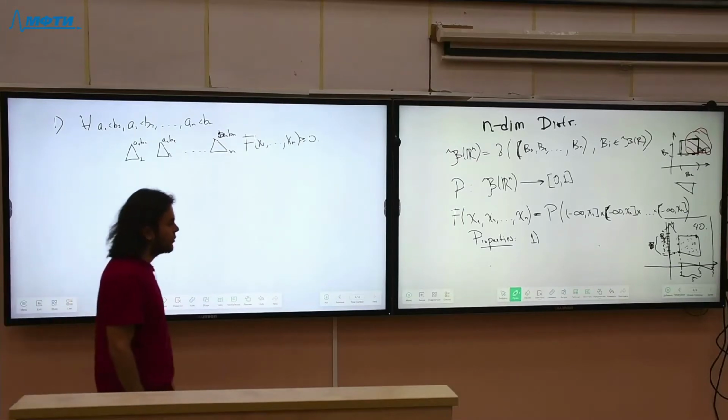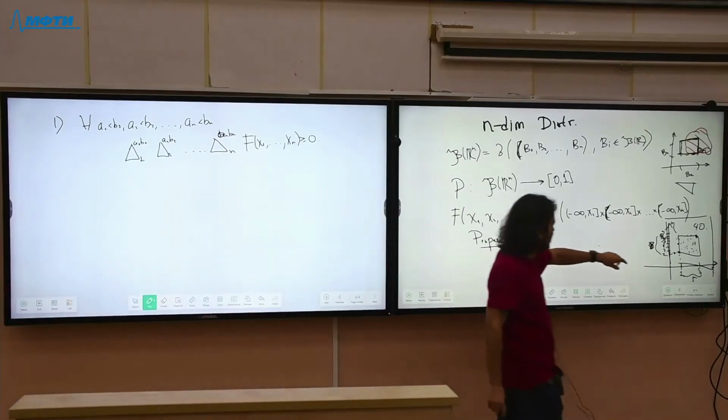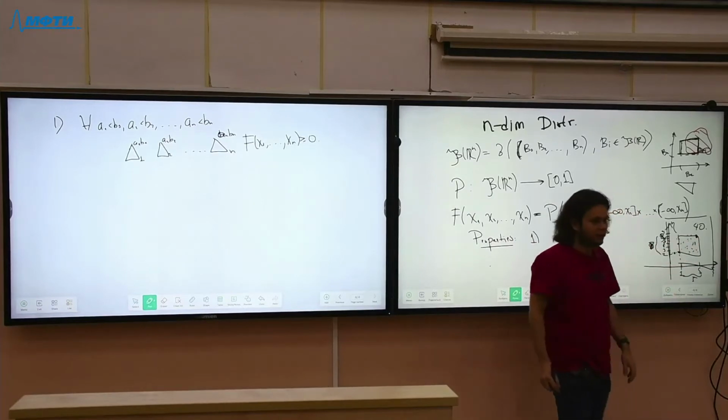Yes, this is the first property. So it means that the area of this should be greater or equal than 0, right?